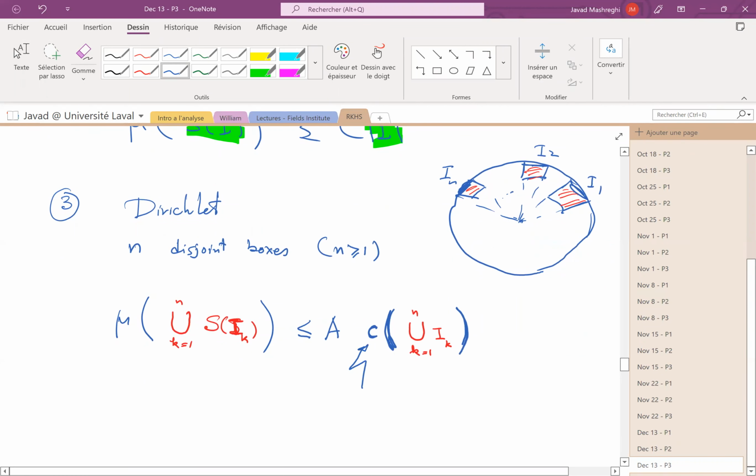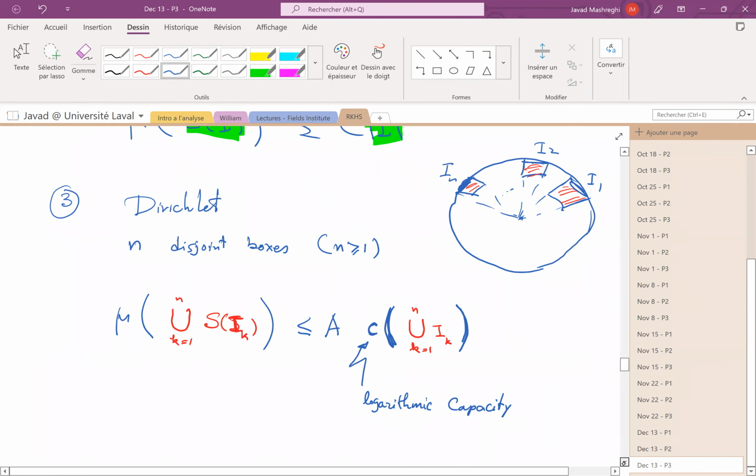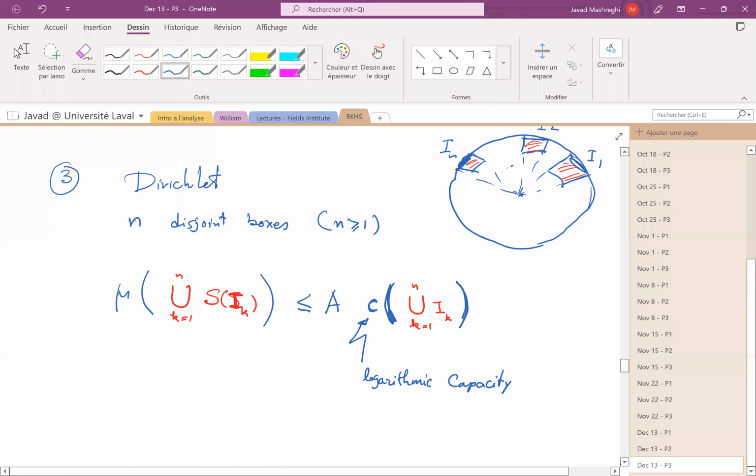Instead of Lebesgue measure, we have here logarithmic capacity, which is another way to measure the length of sets, but it's a very difficult tool. Difficult in the sense that the capacity is not additive.